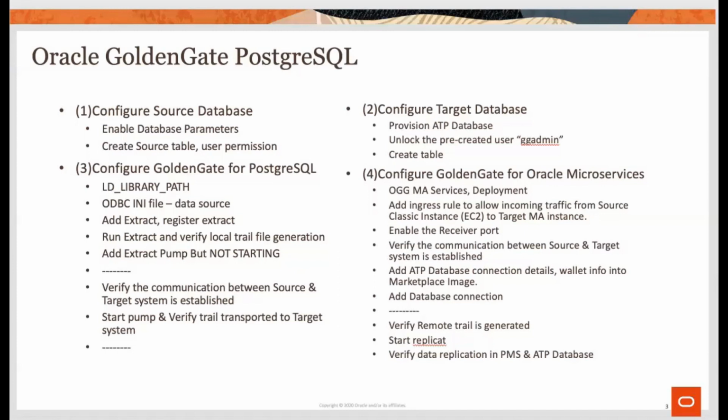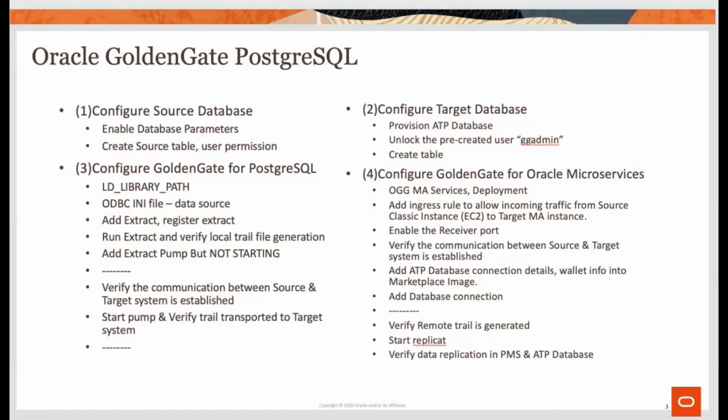So as my source and target, I have Amazon RDS, and my target is my Oracle service ADW or ATP. So in this demo, I'm going to use the ATP, and I have my Amazon EC2 instance and my GoldenGate marketplace image. So the GoldenGate for PostgreSQL Classic is installed, configured, and running on the Amazon EC2 instance.